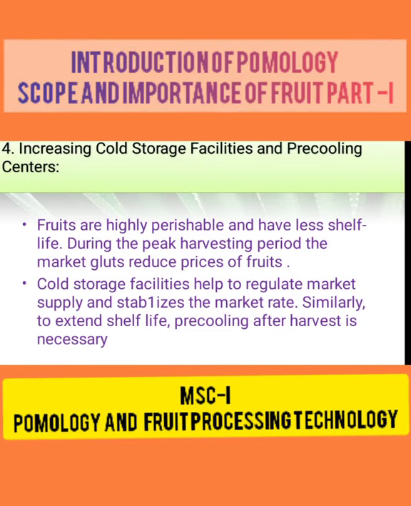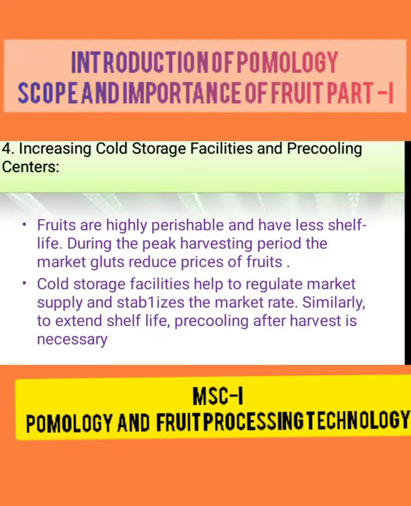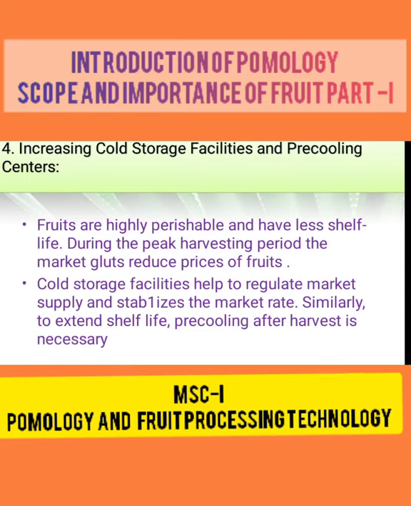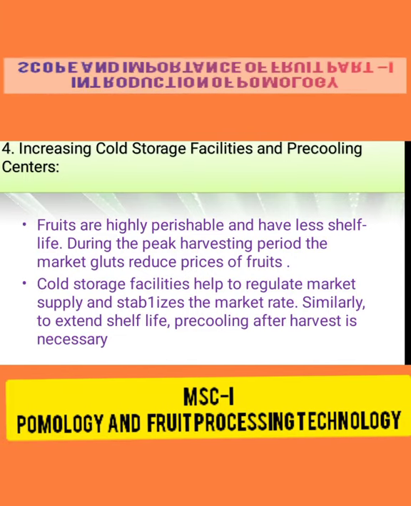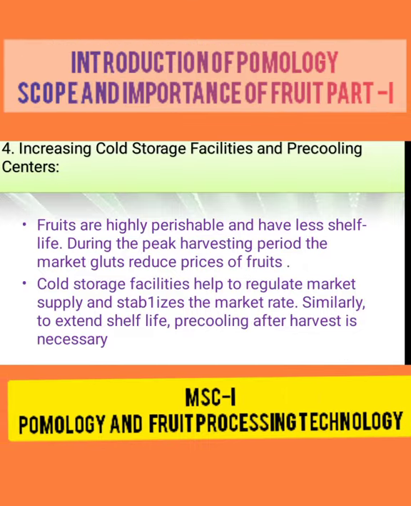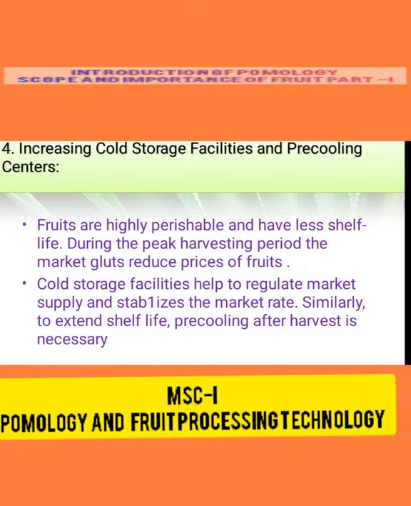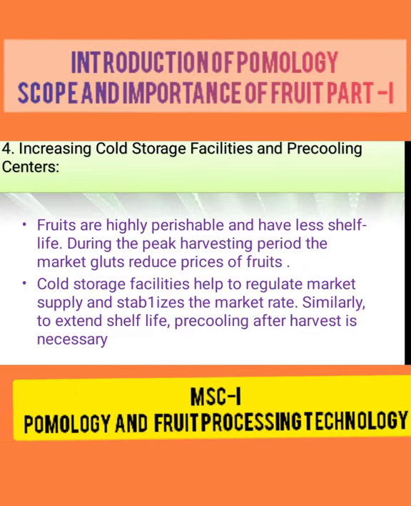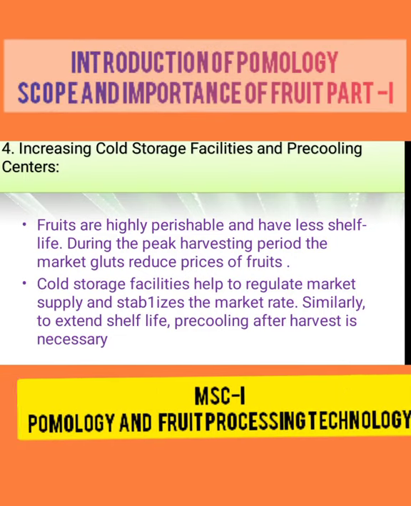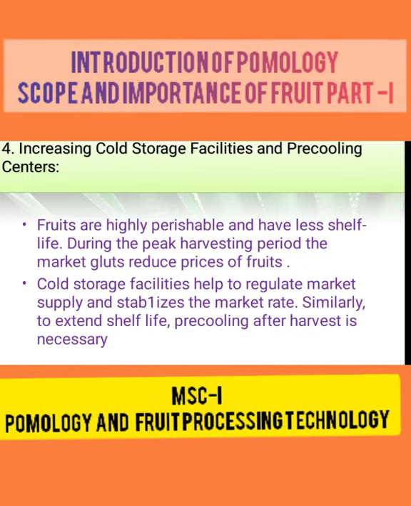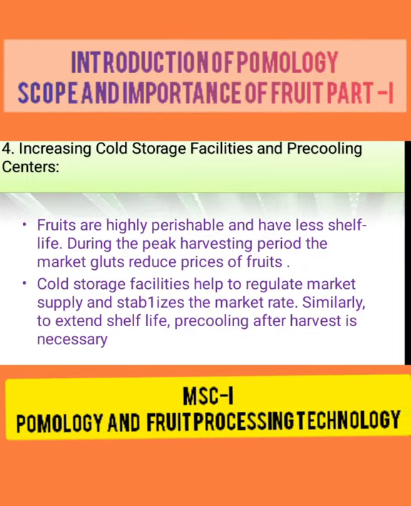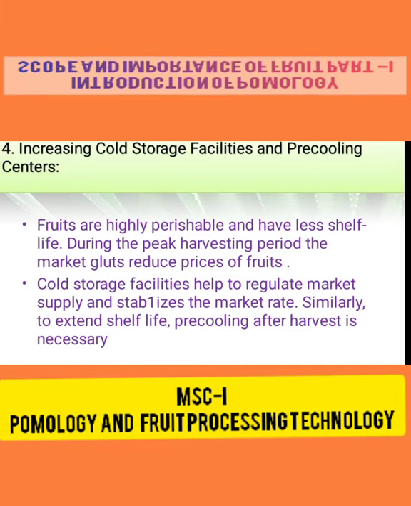Fruit is highly perishable and has a short shelf life. During peak harvesting, market gluts reduce the price of fruit. In such a condition, we have to store it in cold places and pre-cooling centers. For example, if there is no price or market in the city of production, we have to store it for a long time to get a market.